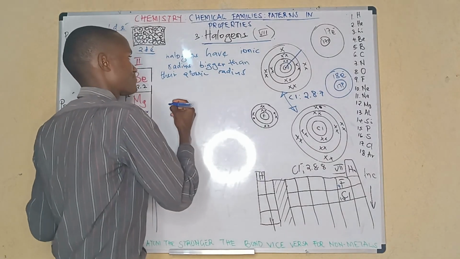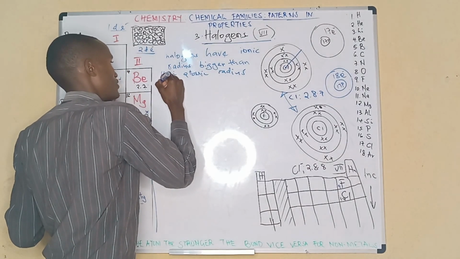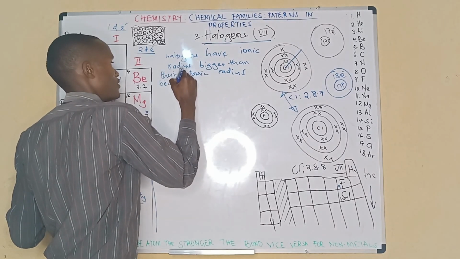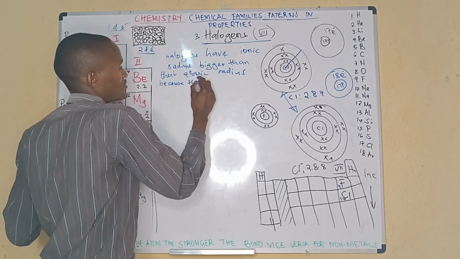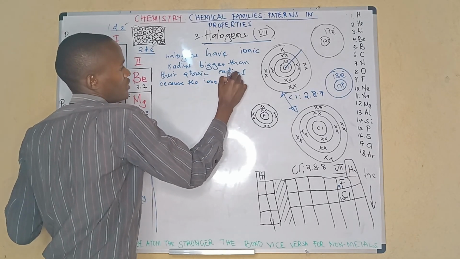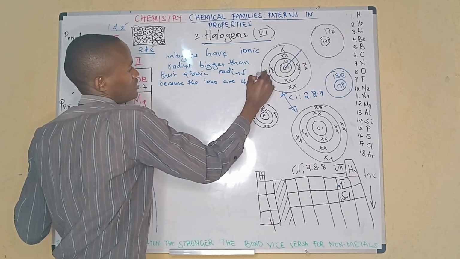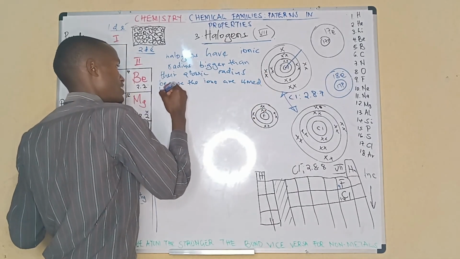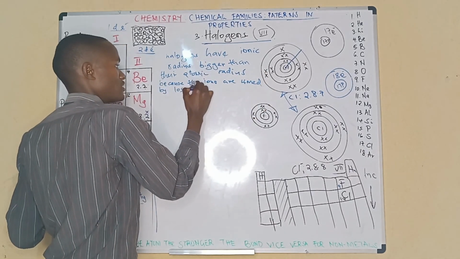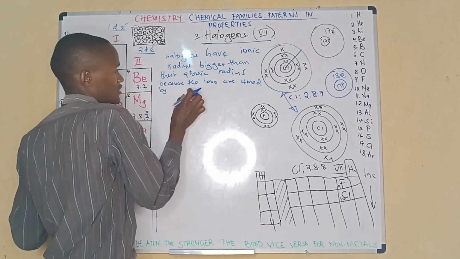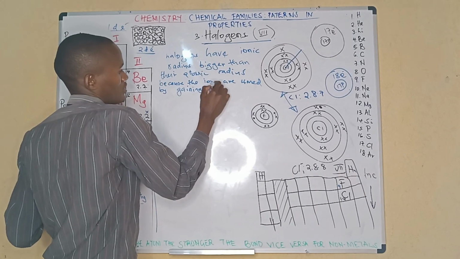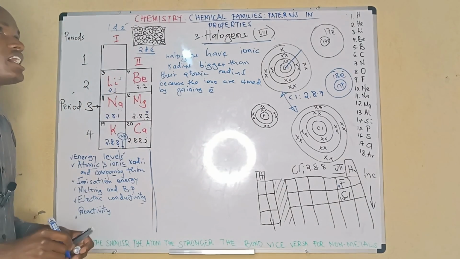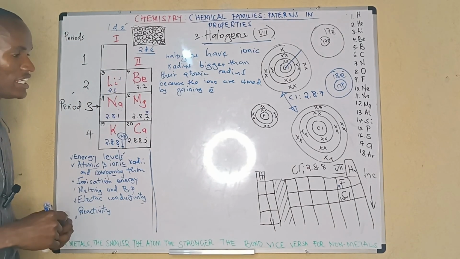because ions are formed by gaining electrons.